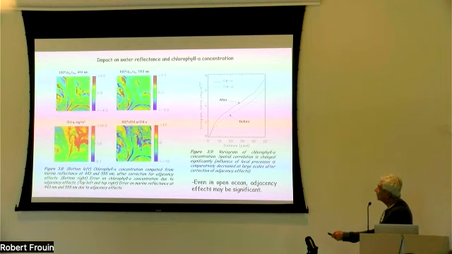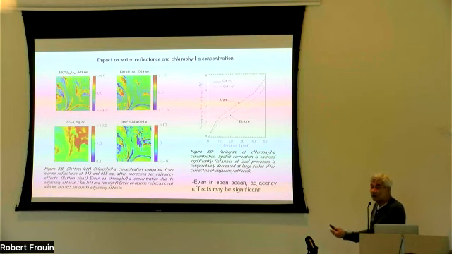And the impact on the chlorophyll concentration ranges from -10 to 10%. So this means that even in the open ocean, you may have some effects that are not negligible. So you gotta be careful again.